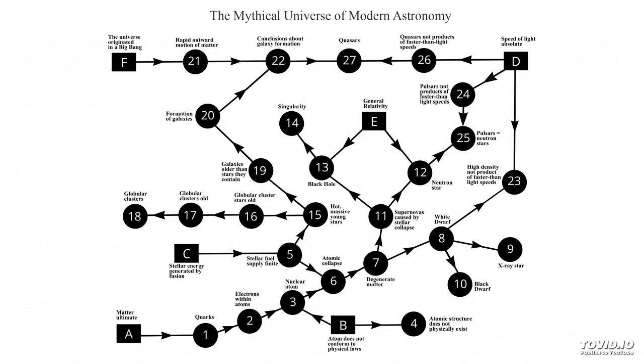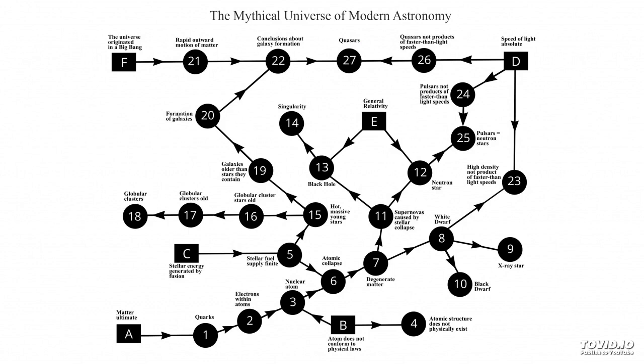In particular, it acquires a substitute for the thermal motion that it can no longer have. So that instead of cold matter, what we have is an aggregate of hot degenerate matter. That's conclusion number 7. And they have identified that aggregate of hot degenerate matter with the white dwarf star, conclusion number 8.